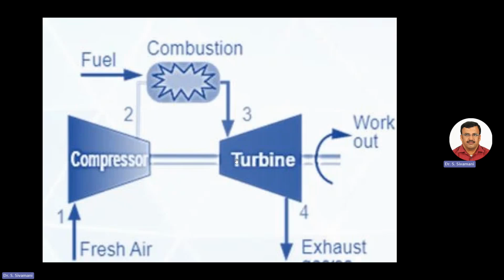And once the turbine has used the high temperature and pressure hot gases from the combustion chamber, the exhaust is sent out of the turbine, which has a lower temperature when compared with stream 3.